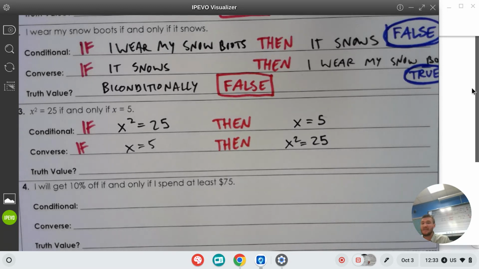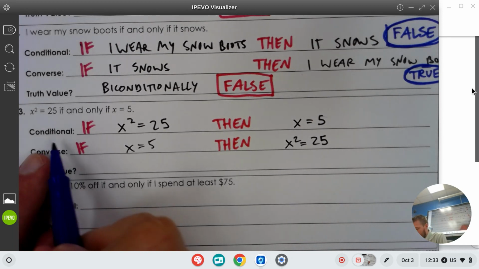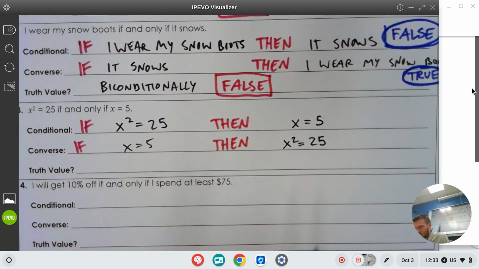Does anybody know trues or falses for either the conditional or the converse? Somebody raise their hand and say, I think the conditional is blank, or the converse is blank. Kevin, what do you got? I think it's true. Which one are you talking about? Conditional, Kevin thinks is true.